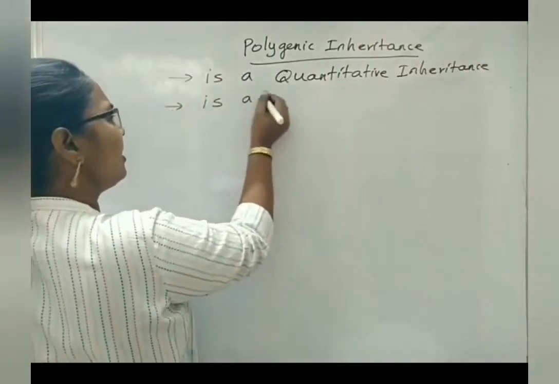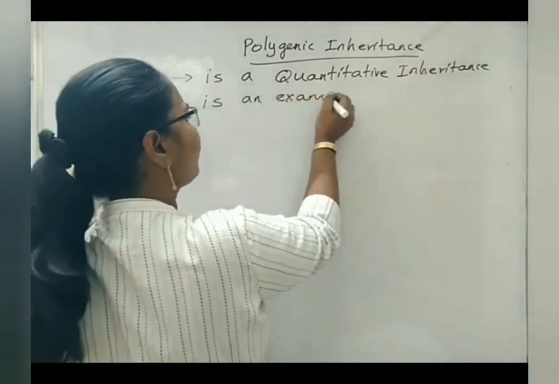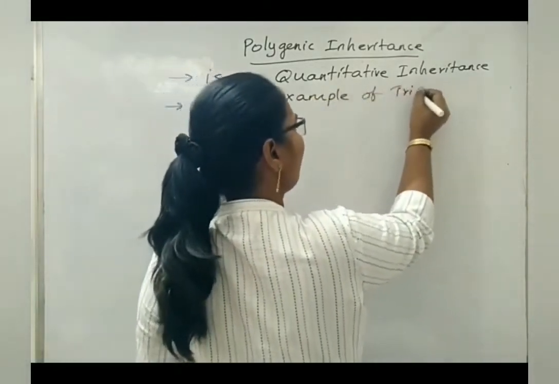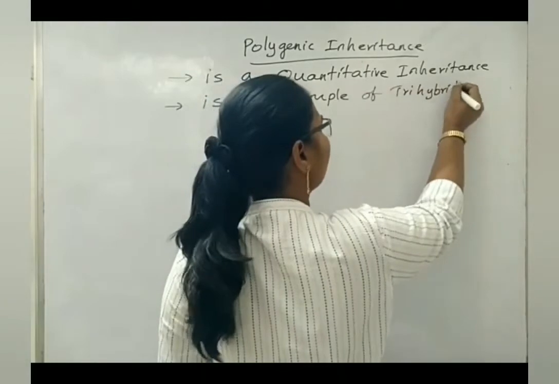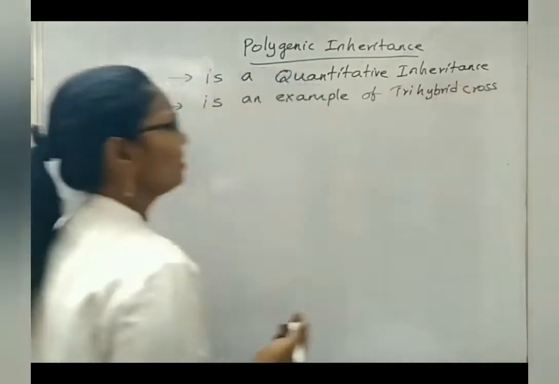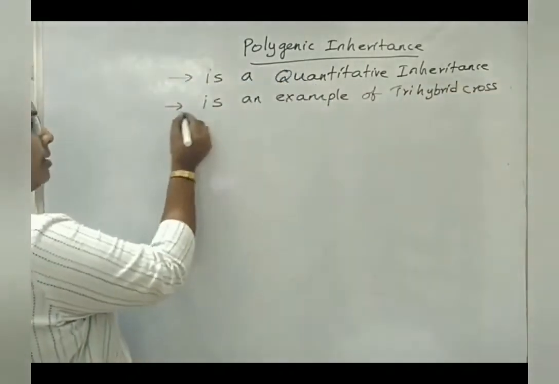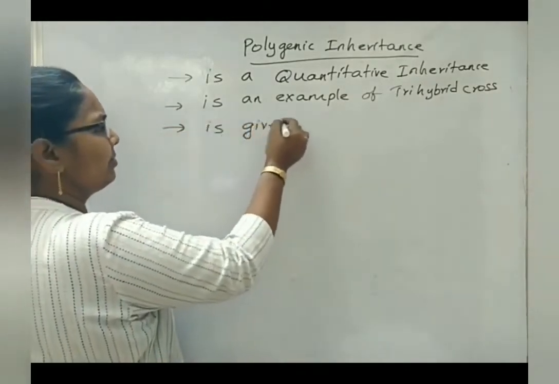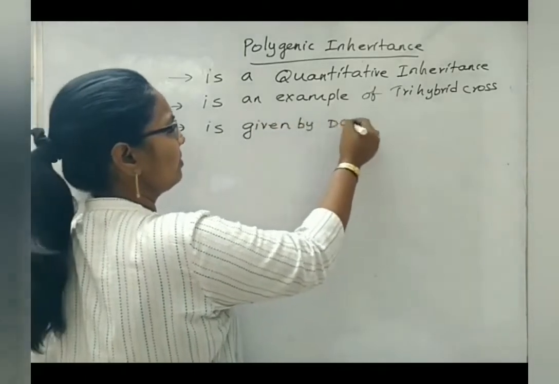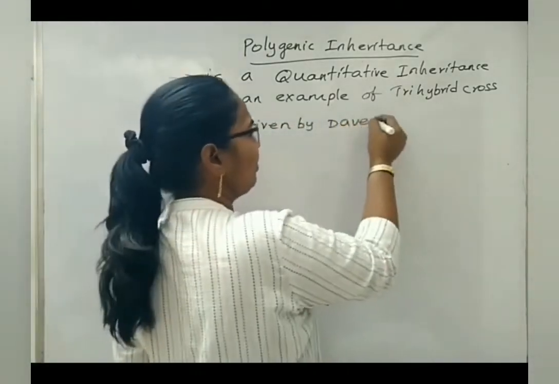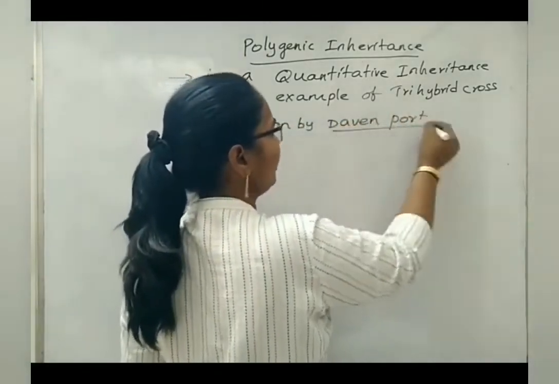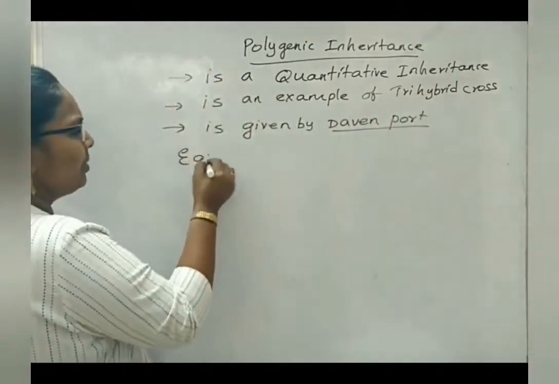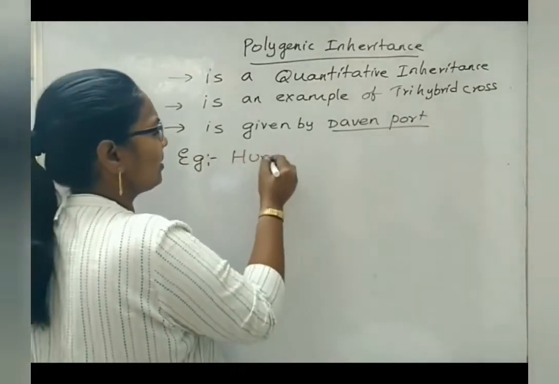Polygenic inheritance is an example to explain trihybrid cross. This polygenic inheritance is clearly explained by Davenport. Now, the example is human skin color.